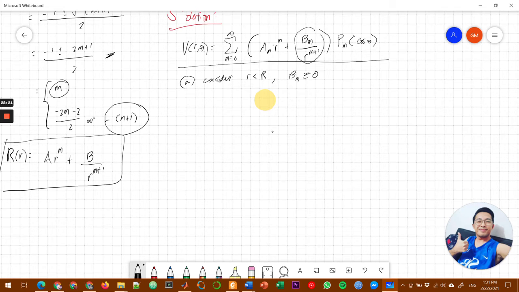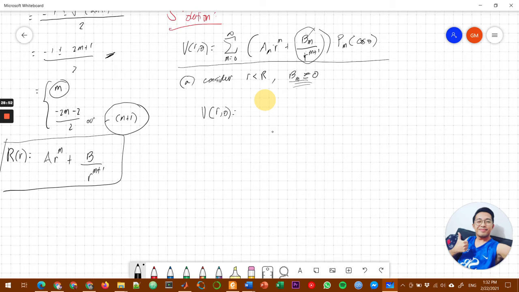Because if small r approaches 0, then this would blow up, right? So it becomes huge, and that should not be. So the potential there should be finite, not infinite. Okay. So in order to avoid that, it must be zero. So we have to make this 0 if you want to find the potential inside. So our equation simplifies.